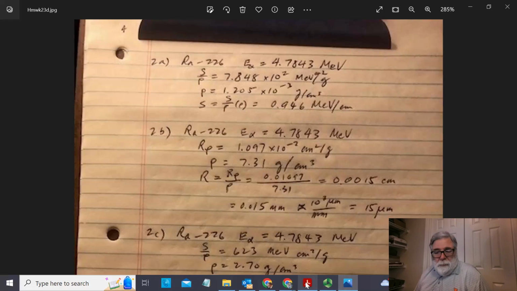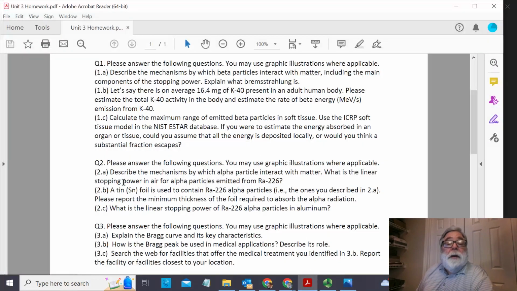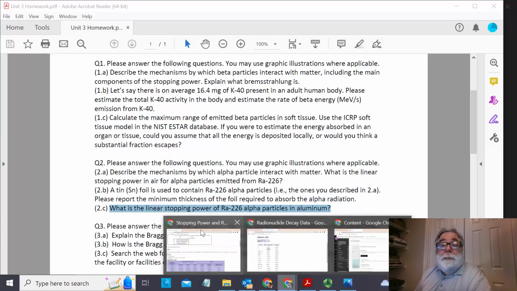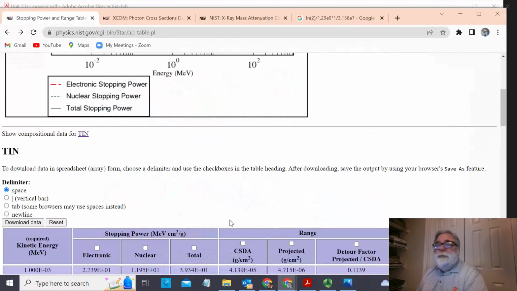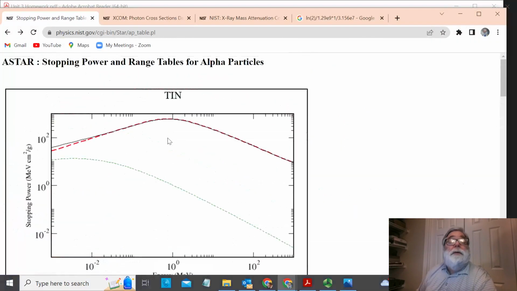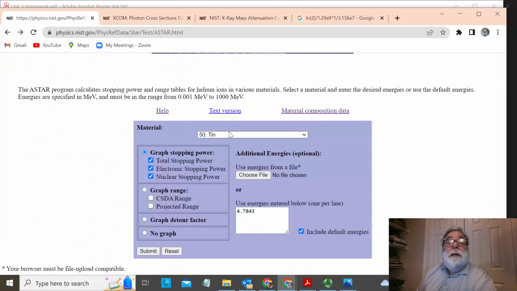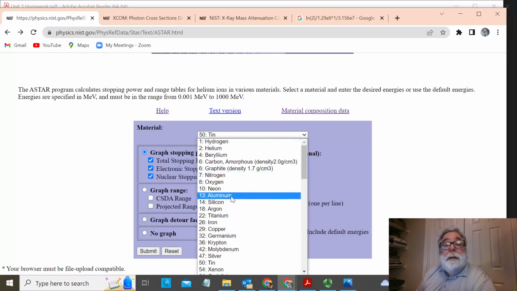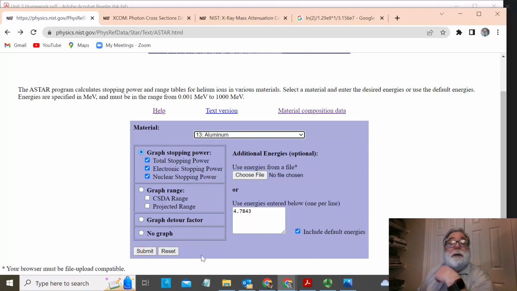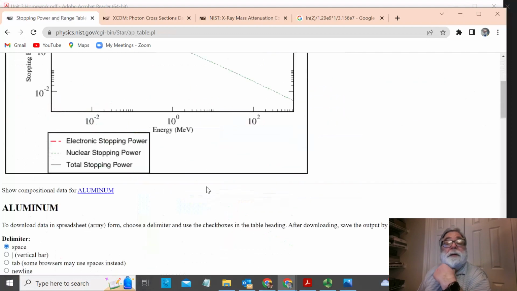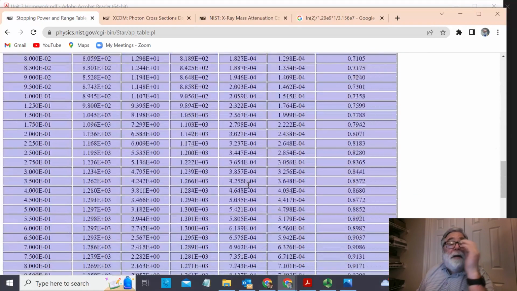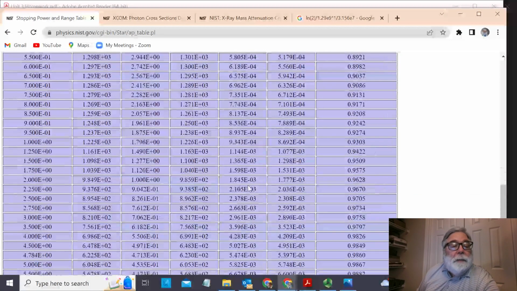So what's the third question? What is the linear stopping power of the two radium alphas in aluminum? We already know the energies, so let's go back to our alpha. You can also use that same formula to calculate for aluminum based on air, etc. I'm going to pick aluminum as my material, and I can submit it again with the energy still in there, and CSDA, and I'm looking for 4.78.